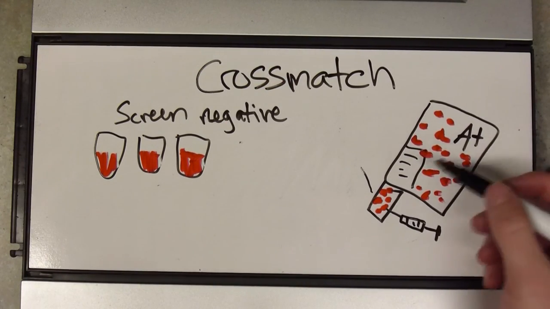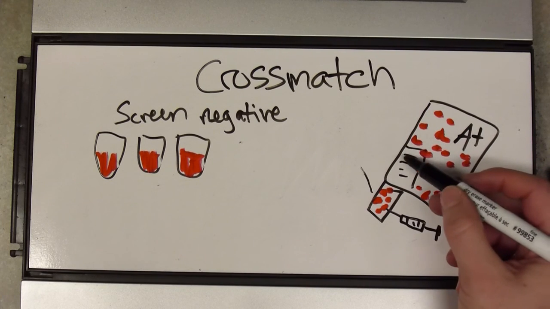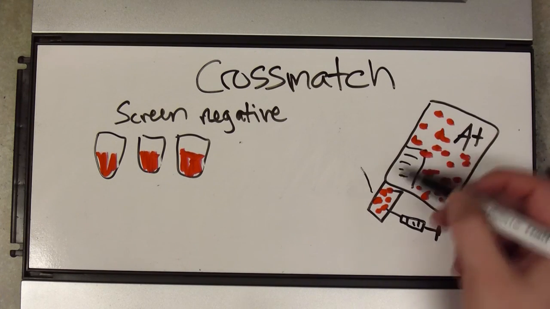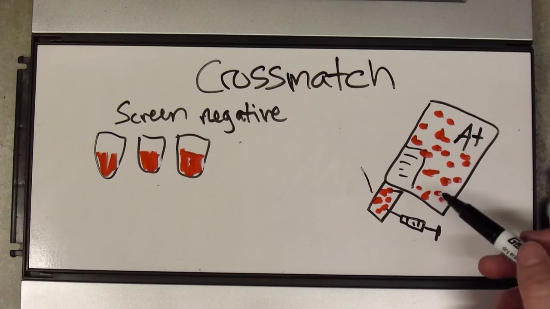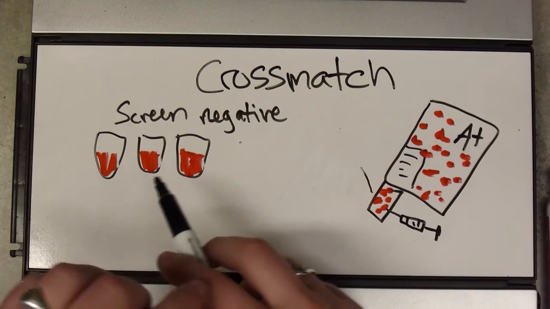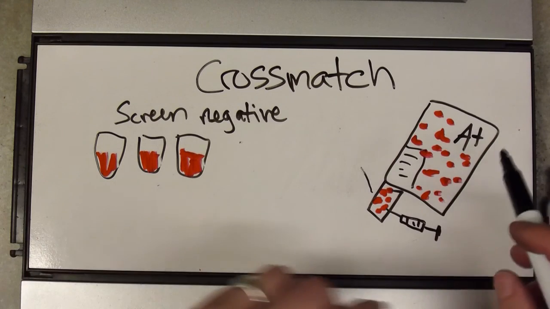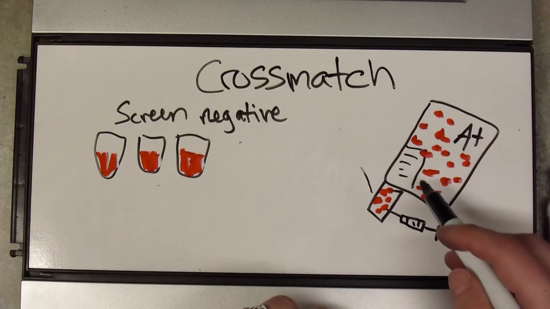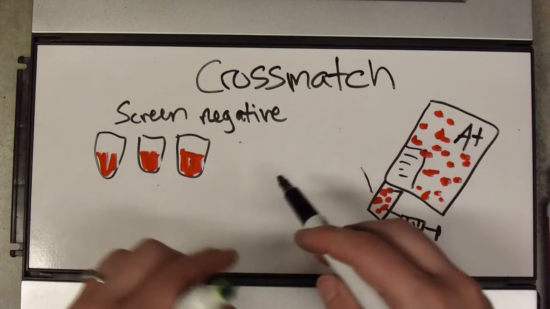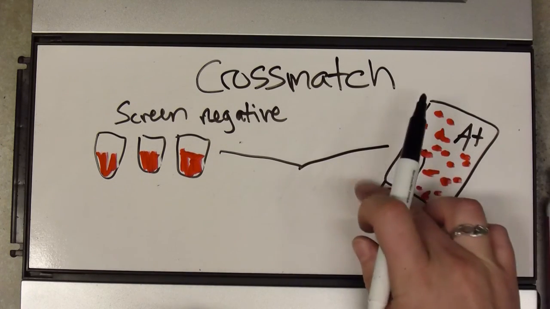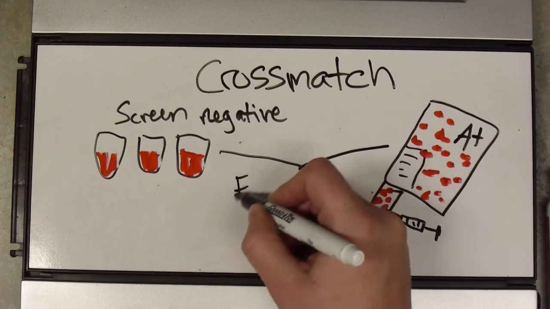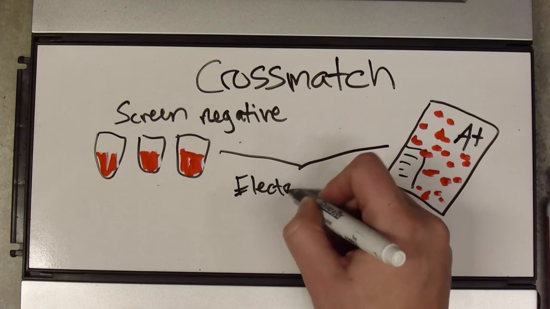And this unit of blood, when we tested it on the barcode and the label, it doesn't have any weird, unusual antigens on its surface either. Then we can say, you know what, based on the fact that this screen was totally negative and that the computer information about this unit says it should be compatible, well, then we can trust that these two things are compatible. This is called an electronic cross-match.